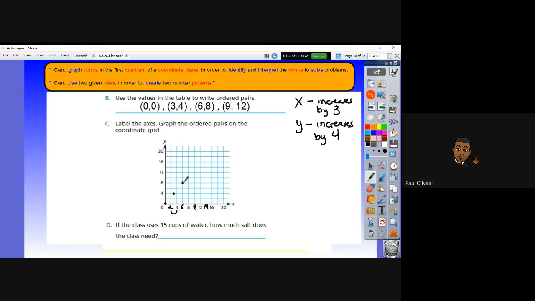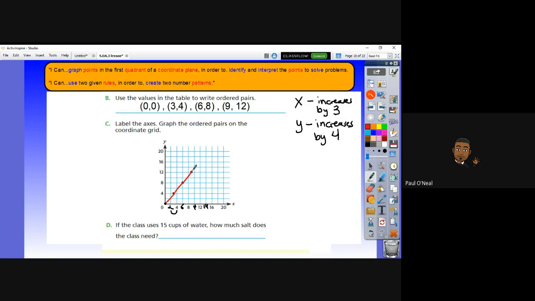That puts me right there. Okay. Next, I have 9, 12. So that's in between 8 and 10 on the x-axis. And go to 12. So that's going to put me right about there. Okay. So I'm going to go ahead and connect those. I'm going to use a different color here. I'm going to go ahead and connect those dots, right?